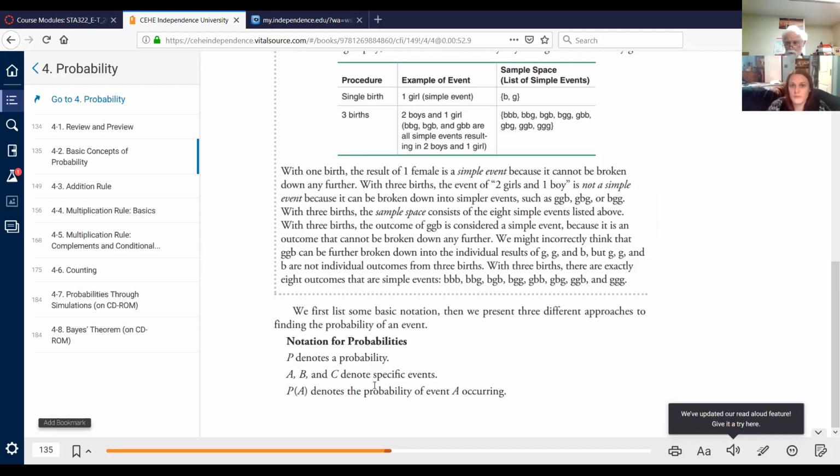Probabilities are expressed as fractions, or decimals, or percentages. And remember, fractions, decimals, and percentages are interchangeable mathematically, right? So if the probability of rolling a 6 is 1 in 6, or 1/6, if we divide that, it's 16.7%, or 0.167.